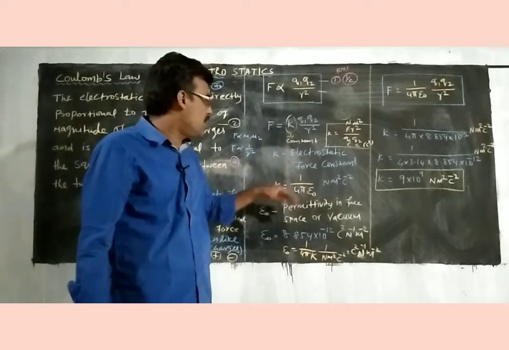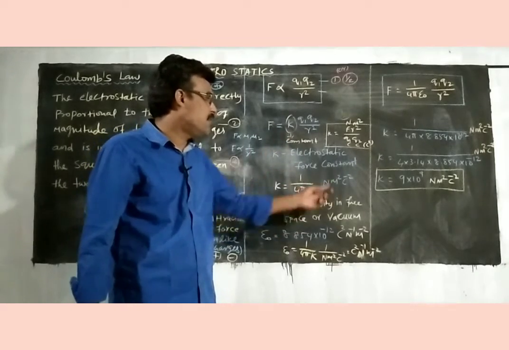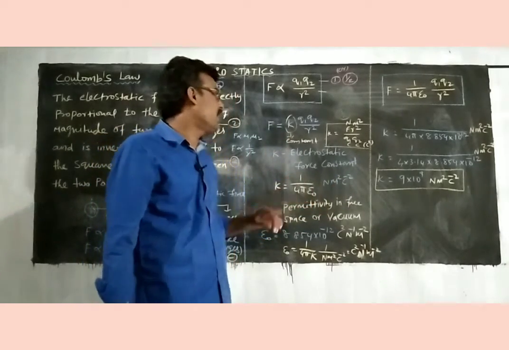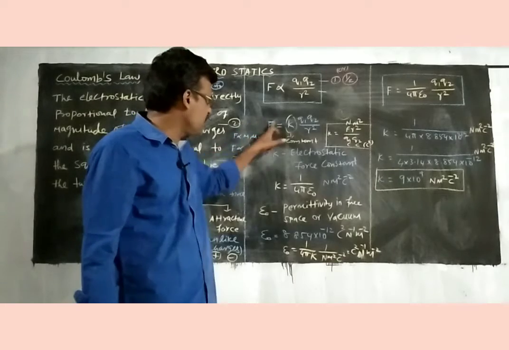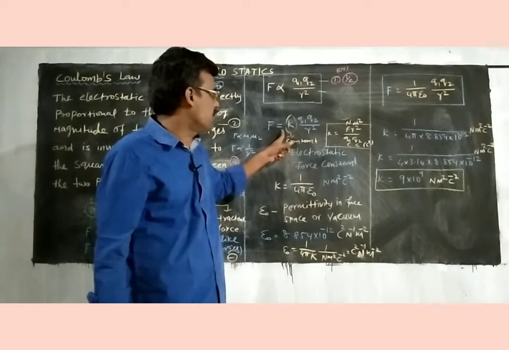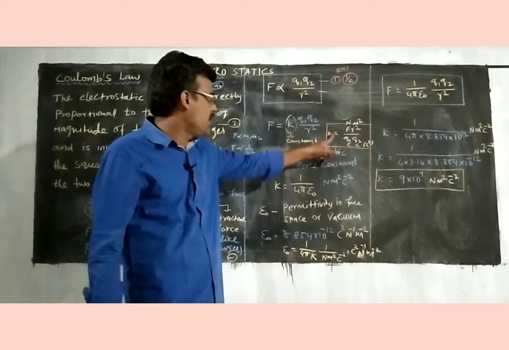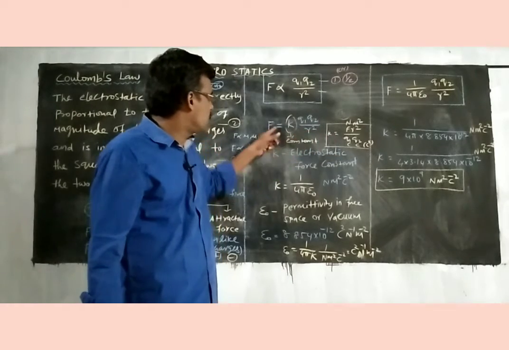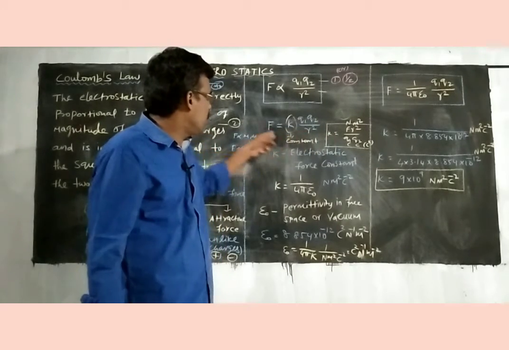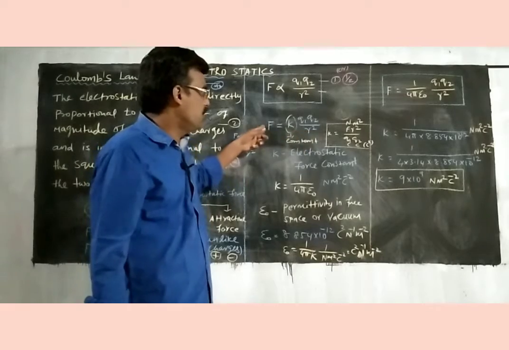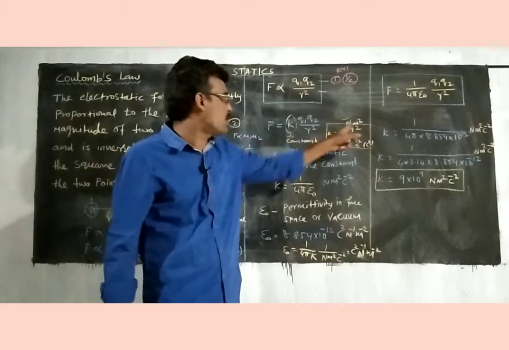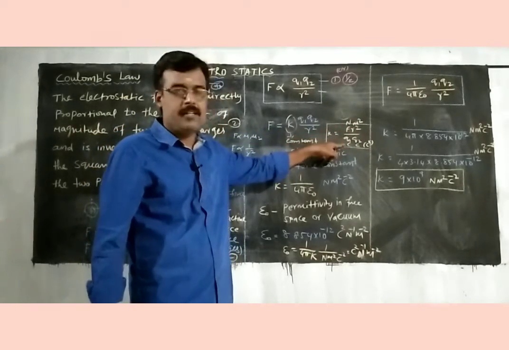So how can we derive this particular SI unit? You can just rearrange this particular equation. You move this R square to the other side, so that F R square goes to the numerator and Q1 Q2 to the denominator.